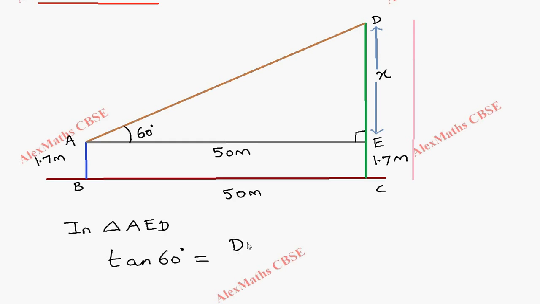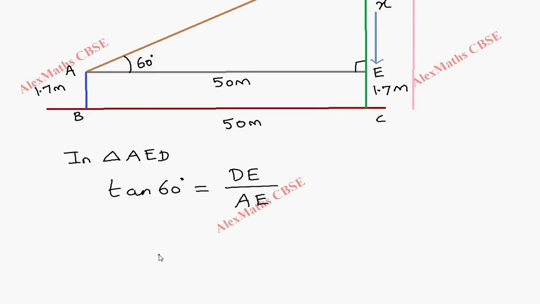Opposite is DE, adjacent is AE. So tan theta is opposite by adjacent. Now DE we don't know, we named as x, and tan 60 is root 3, so root 3 = x by 50. By cross multiplying, x is equal to 50 root 3.